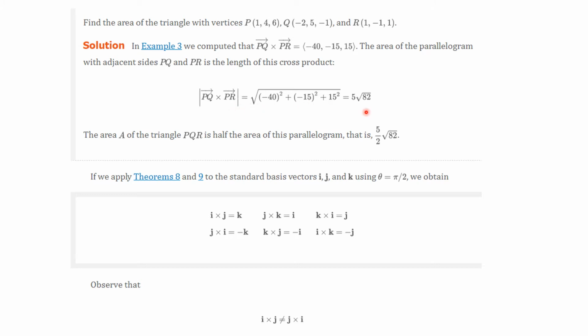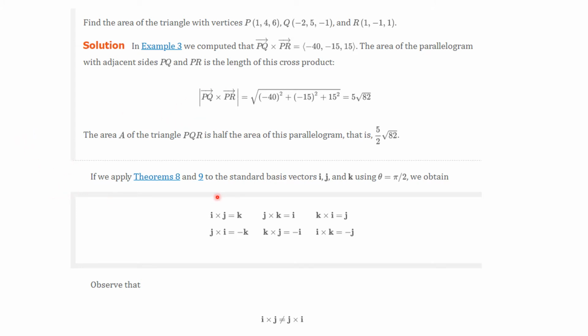And so here you get that this is 5 times the square root of 82. There's nothing wrong with this number. There are no ugly numbers, just like there are no ugly babies. This is a fine answer. So the area of the triangle is 1/2 of that, so it's 5 over 2, the square root of 82. And again, that's a kind of problem I often will ask on tests.